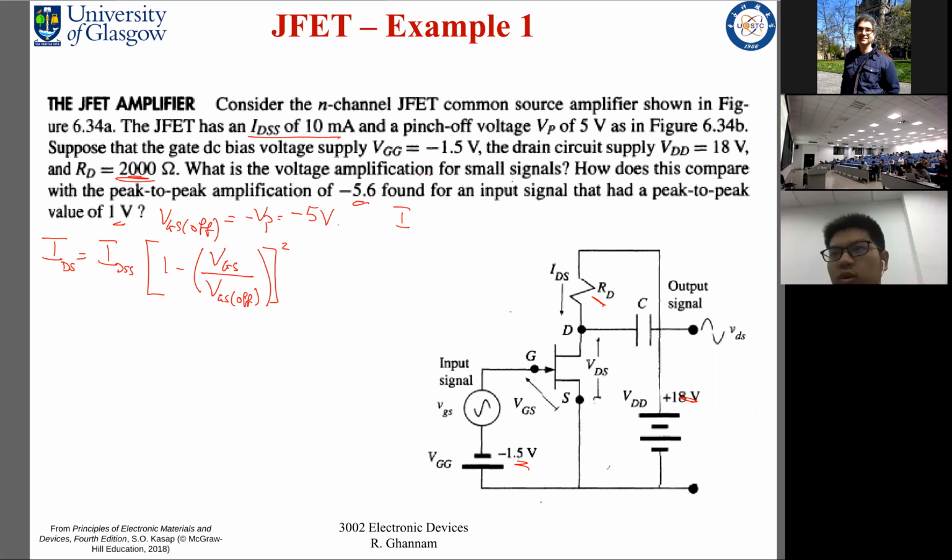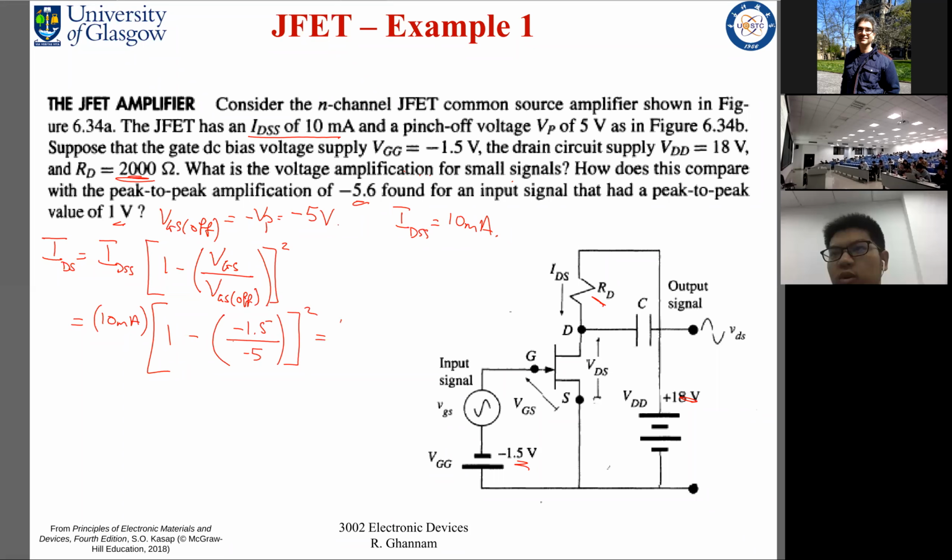So we have 10 milliamps times 1 minus VGS, which is minus 1.5, divided by minus 5, all squared.